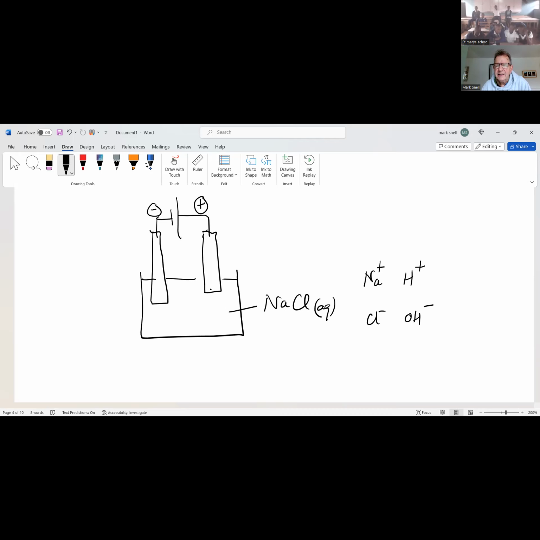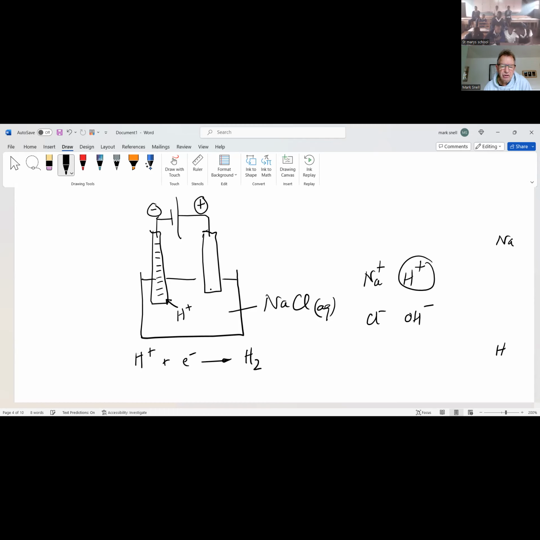Which of these is lower in the reactivity series? Sodium up at the top or hydrogen at the bottom? It's hydrogen. So the hydrogen is discharged. So the hydrogen here in the solution goes to the electrode, which is full of electrons. And the hydrogen ions pick up electrons and become hydrogen.